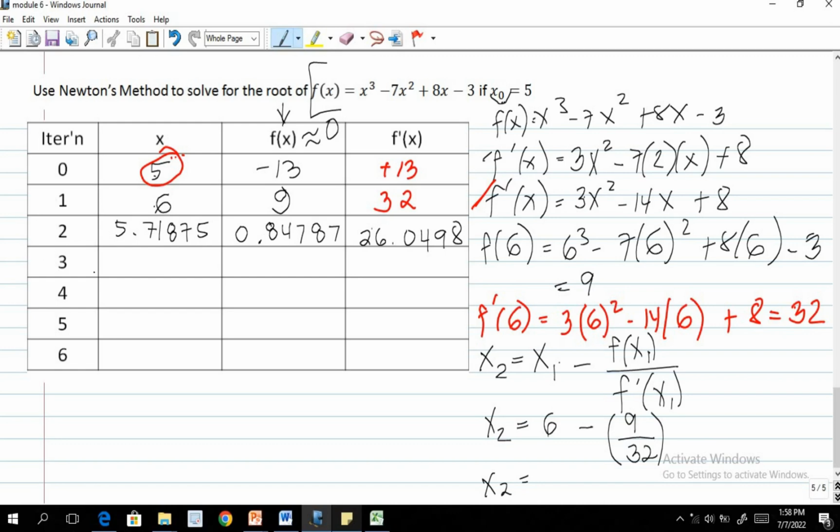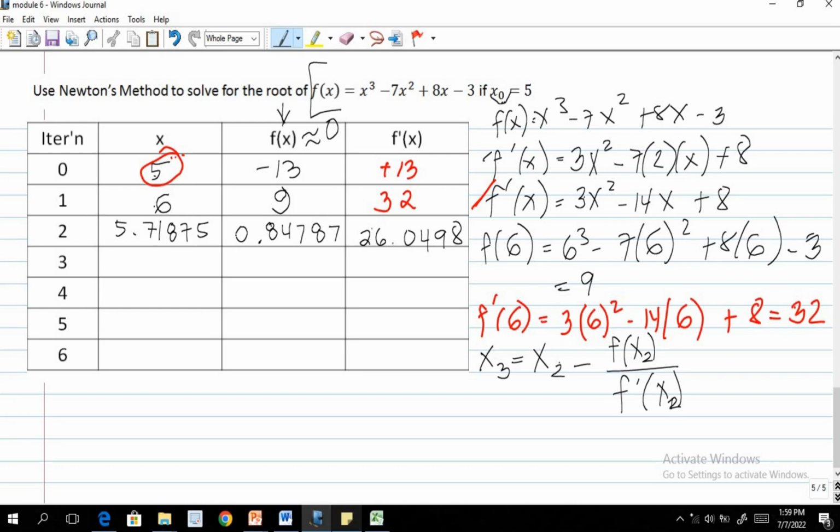Again, how to get the value of my x3? Use this equation. So, for the value of my x3, ang magiging equation ko na ngayon is for x3, that is now equal to x2 minus the function of x2 over the f prime of x2. Yan. Para makuha ko si x3.